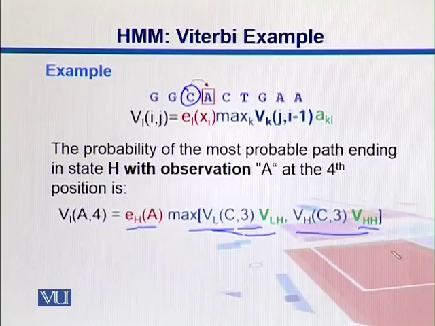That is the transition probability over here. As per the algorithm, we pick whichever gives us the maximum from either this one or this one.